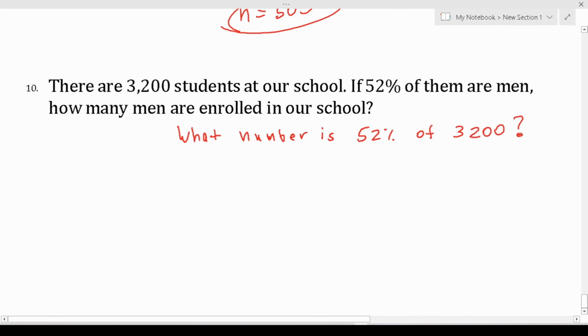We have all the elements we need to translate this into an equation. What number? N is equal, of multiplication. So this is N equals 0.52 times 3,200. And as you can see, in order to find N, we're just going to take 3,200 and multiply it by 0.52.